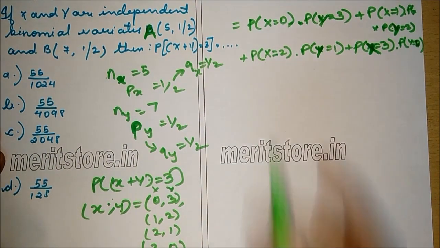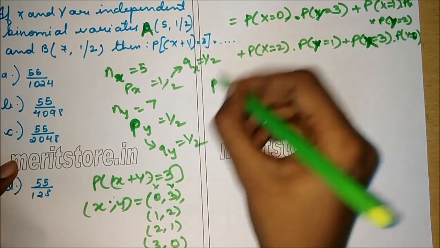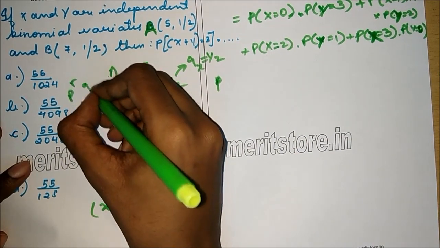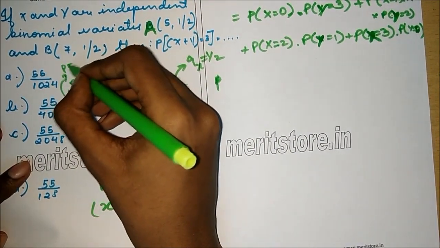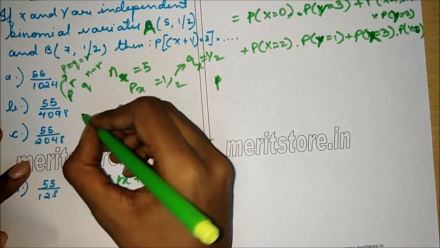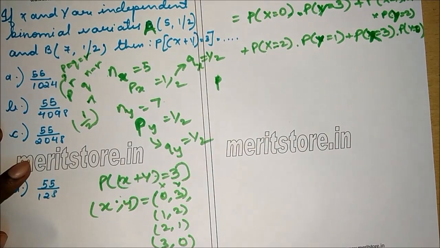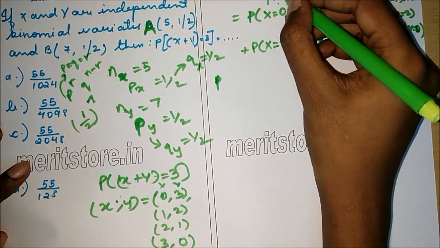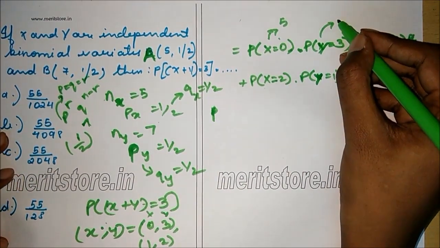So we apply the formula. As we have seen previously, p raised to r, q raised to n minus r, when p and q are half, this can be written as half raised to n. So for x, n is 5, and for y, n is 7.